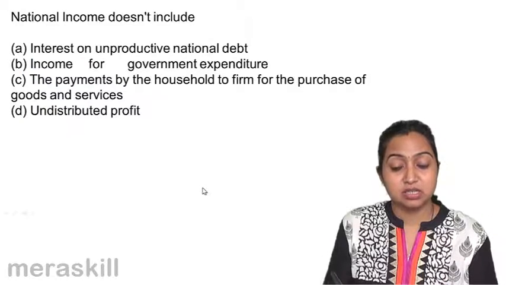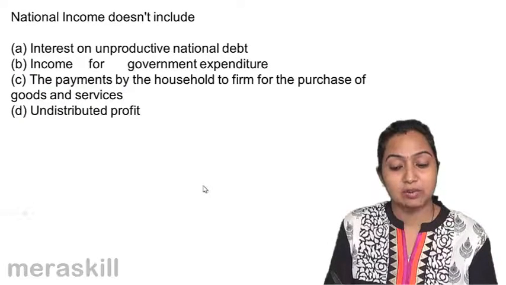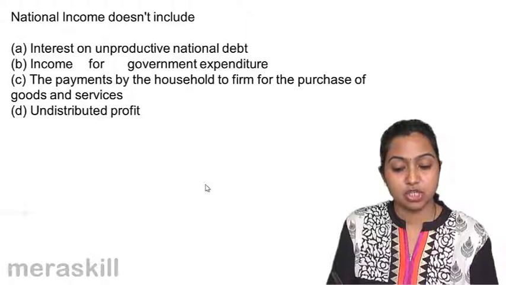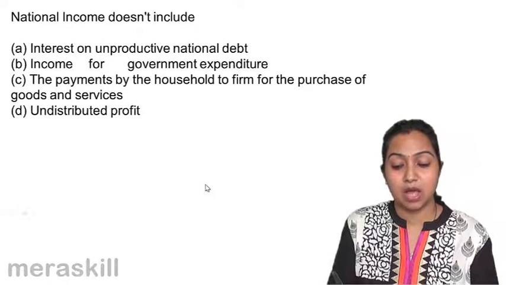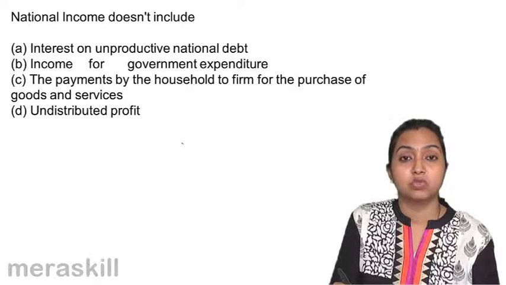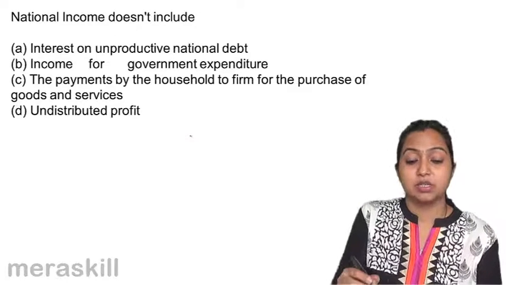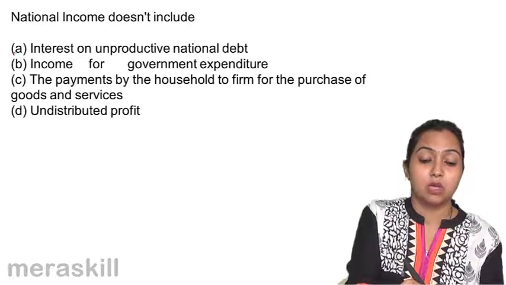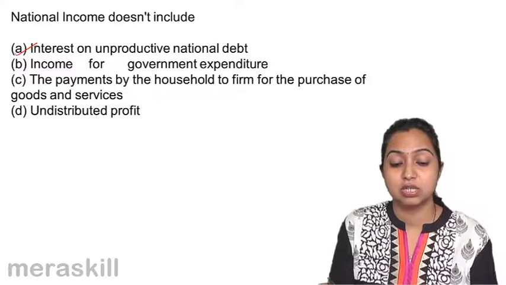National income doesn't include interest on unproductive national debt, income for government expenditure, the payments by the household to firms for the purchase of goods and services, or undistributed profit. We know in national income we do not take into consideration any unproductive element. So, interest on unproductive national debt will not become a part of national income.